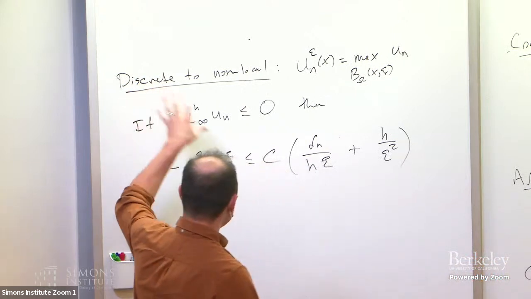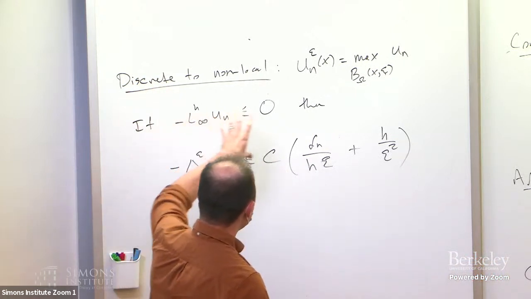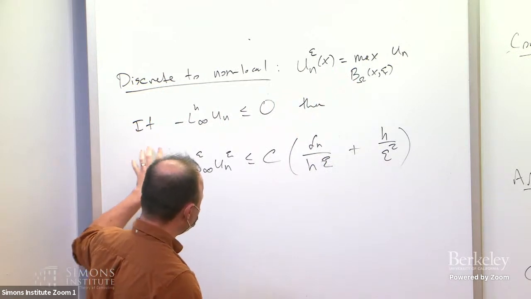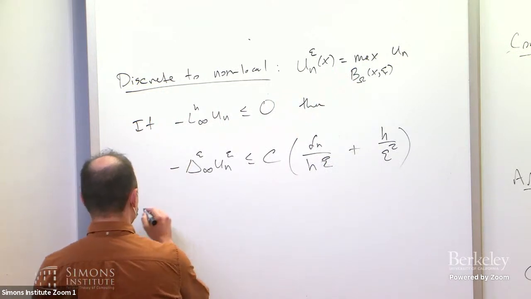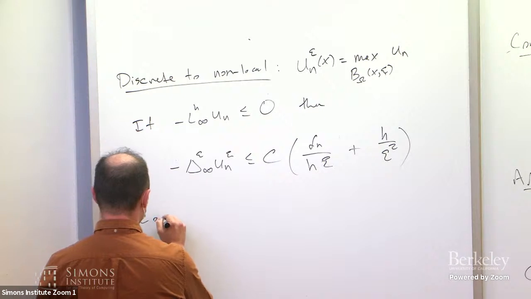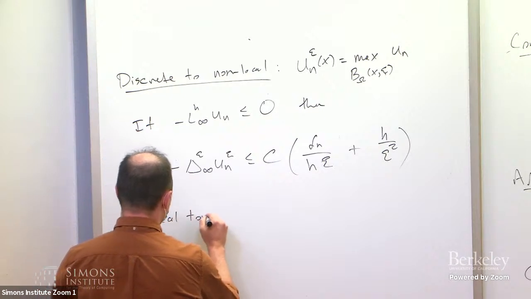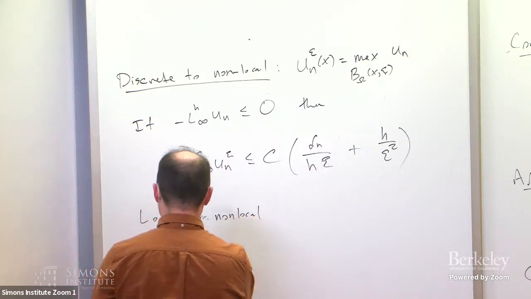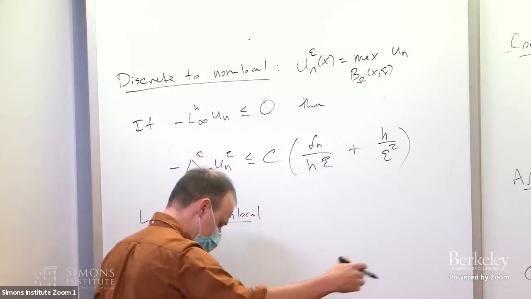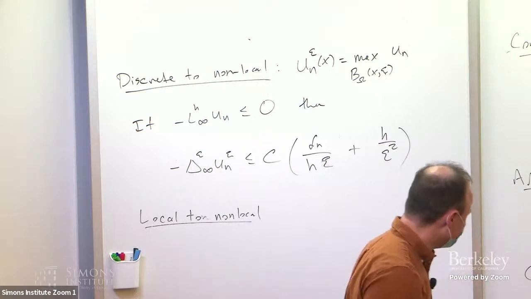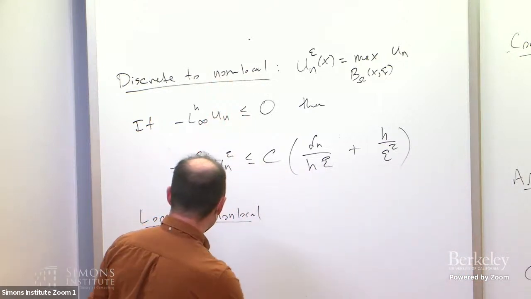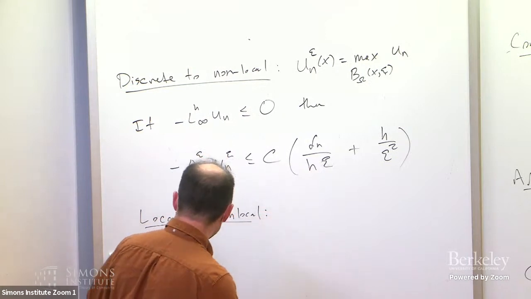So you have this discrete to non-local. So you take the discrete function, extend to a non-local one that approximately solves the non-local operator, and then you have also a local to non-local. So oftentimes you sort of always pass to the local problem and do everything here. In this setting, we sort of meet in the middle. So we take the discrete to non-local, but we also take local to non-local.